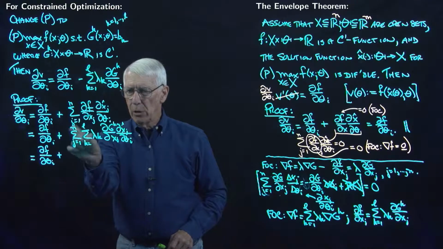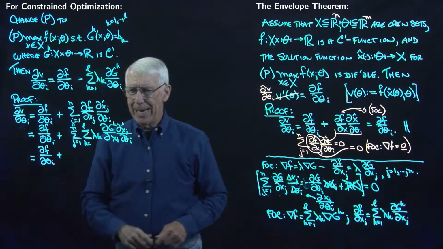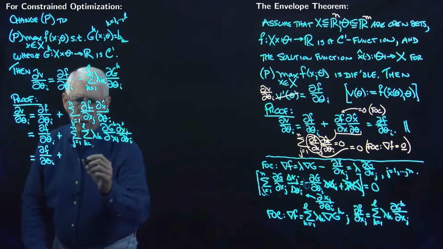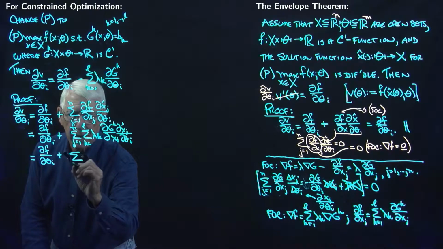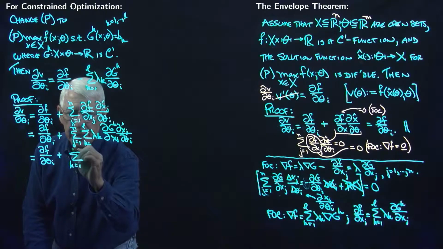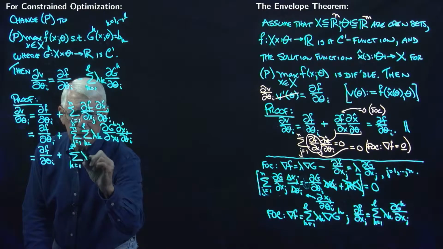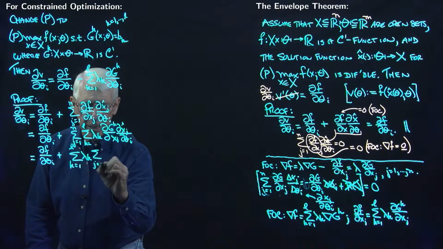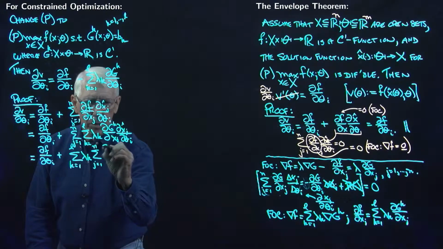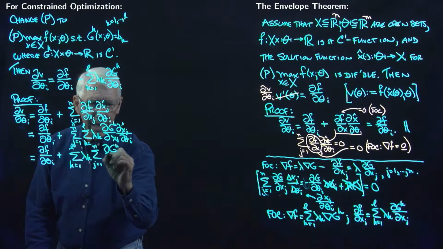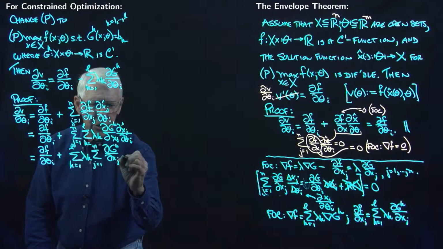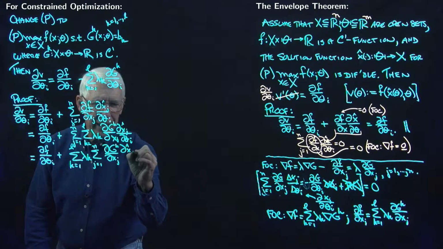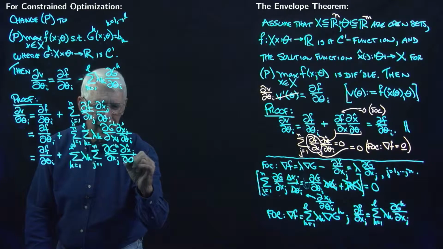I'm going to reverse the order of the summations, and we'll write this as sum k equals 1 to L lambda k sum j equals 1 to n partial gk partial xj hat with respect to theta I.